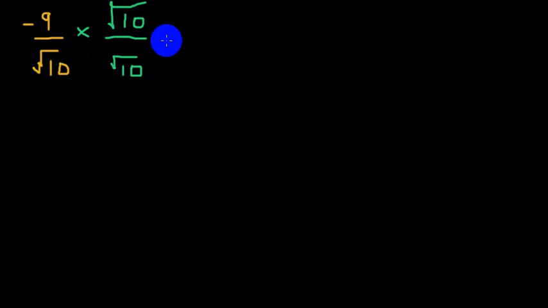You can see that square root of 10 divided by square root of 10 equals 1, and this fraction times 1 equals this fraction again. So mathematically there is no effect on this fraction. Let's simplify it by timesing it with this fraction, and we will get an equivalent fraction.